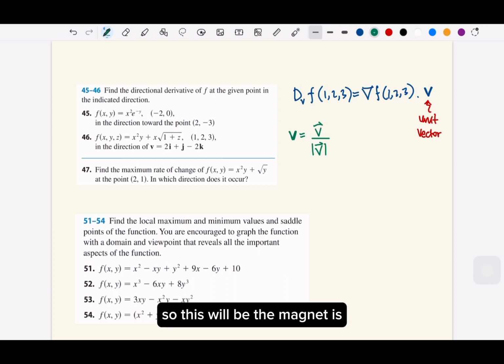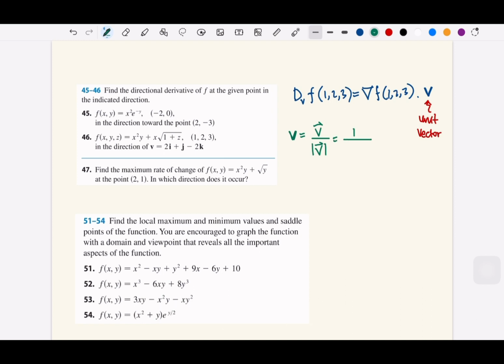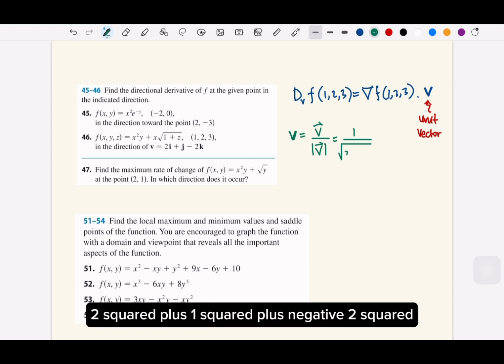So the magnitude is 1 over the square root of 4 plus 1 plus 4, right? Or maybe write 2 squared plus 1 squared plus negative 2 squared, okay?